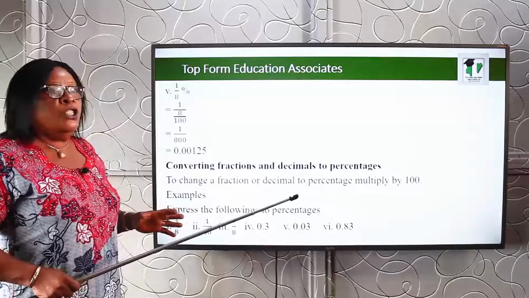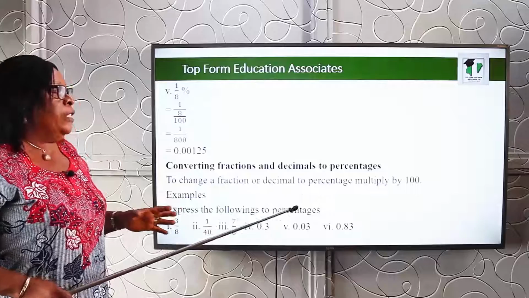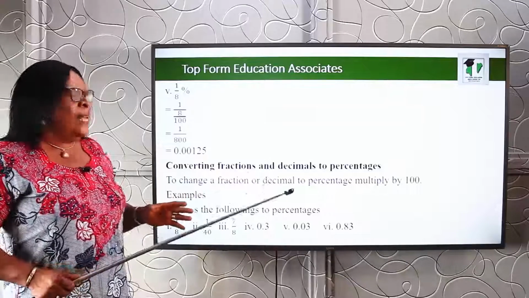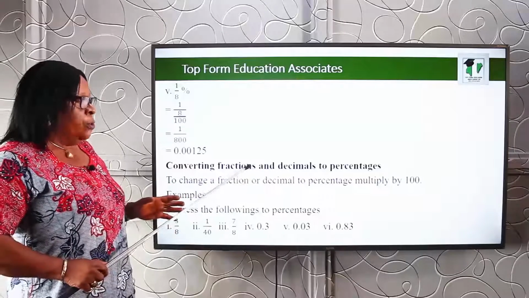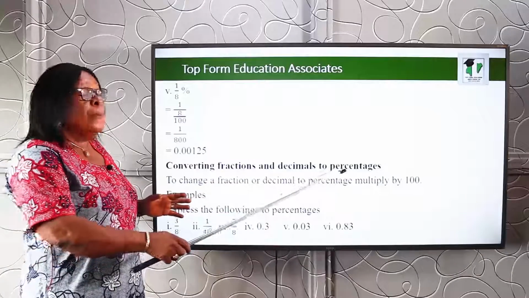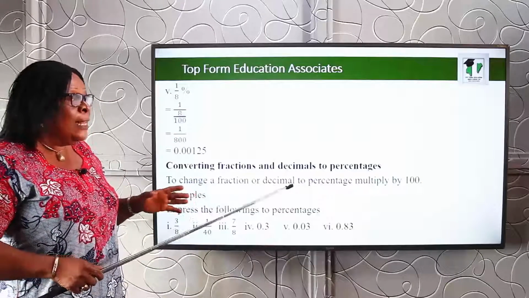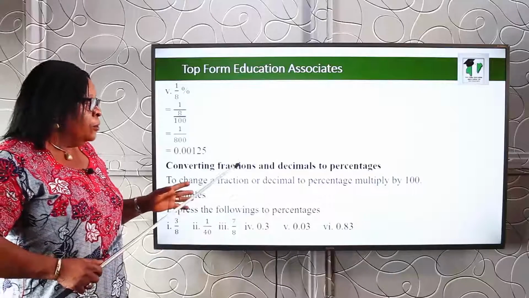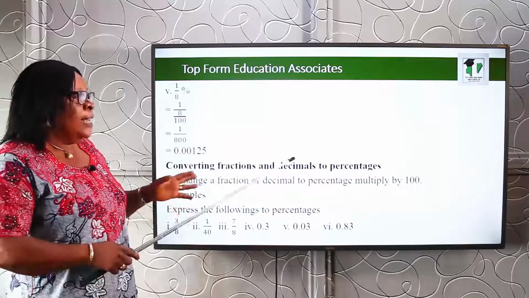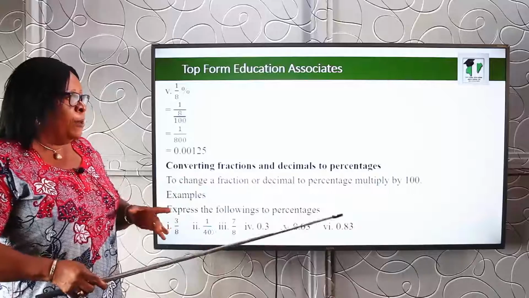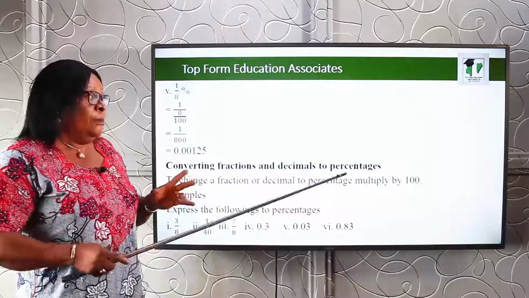At this point, you're supposed to have noticed that there is a resemblance between fractions, decimals, and percentages. They are related. Fraction is part of, decimal is part of, percentage is part of.